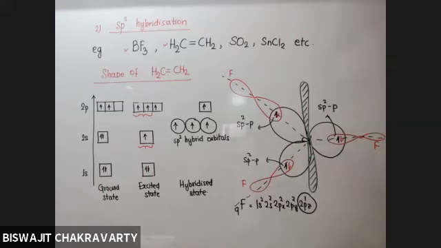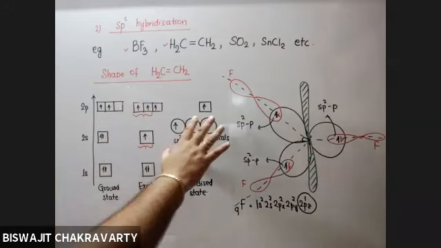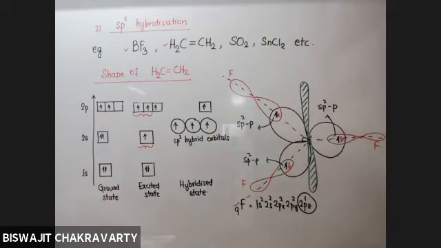Yes, sir. Okay. Now you see the whole pattern will remain same if it is sp2 hybridized, and thus we can say that the only difference lies in the number of unpaired electrons.